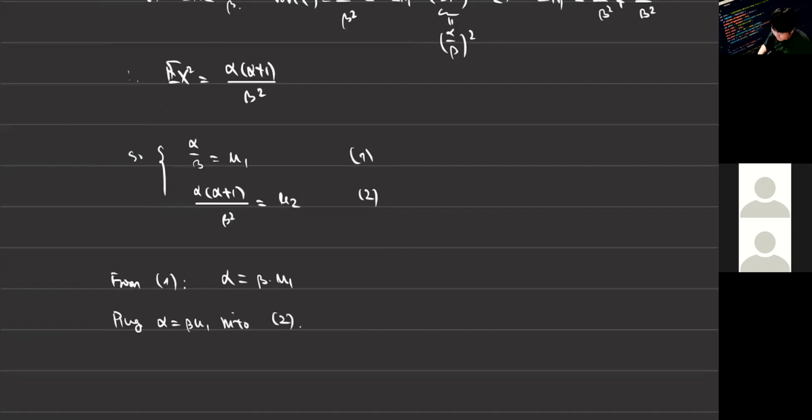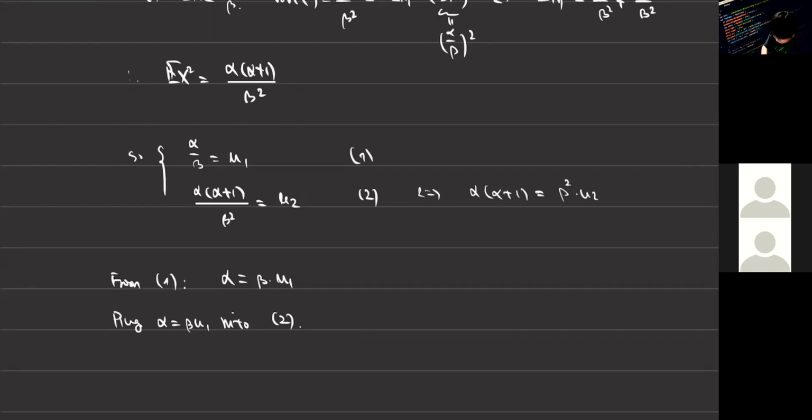Okay, so what is 2? 2 is this weird alpha plus 1 stuff, right? We're gonna plug things in. So what do we have? I'm gonna write this as alpha plus 1 equals beta square mu2.